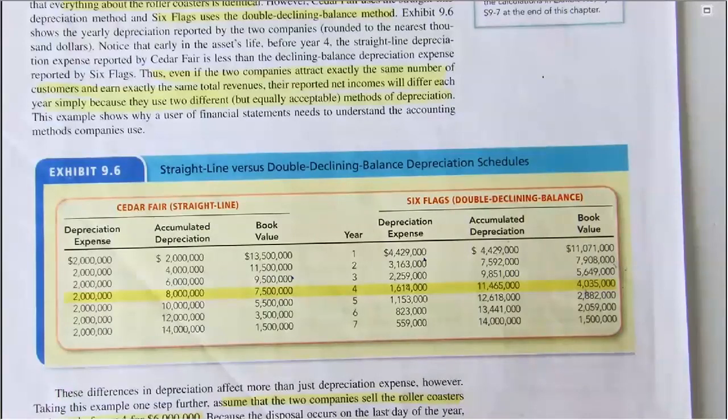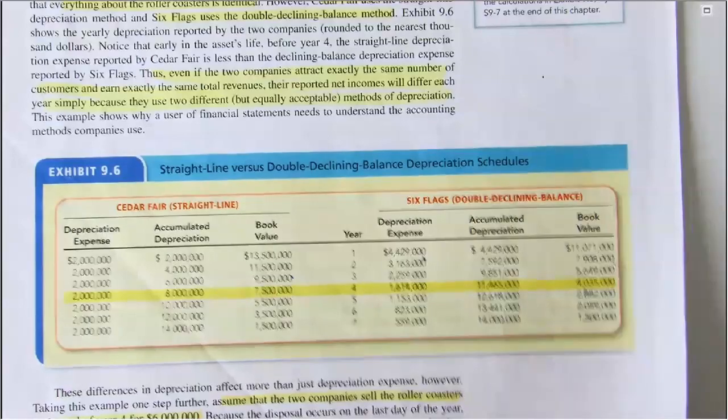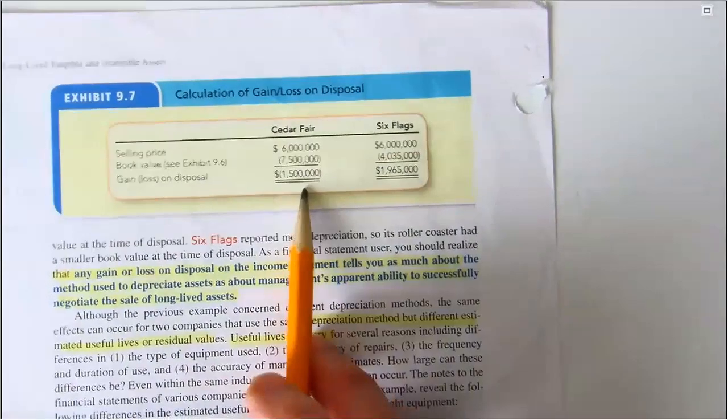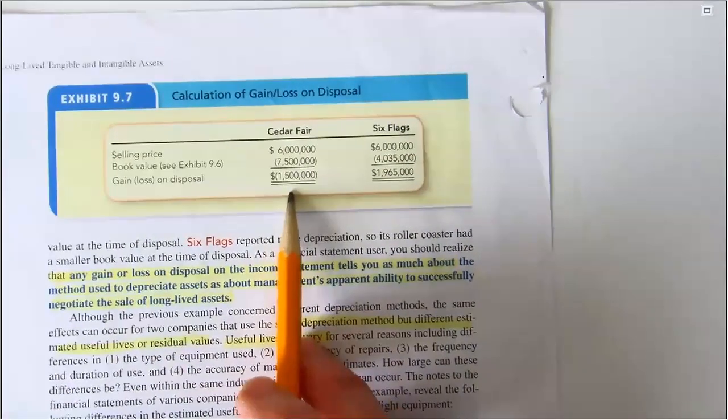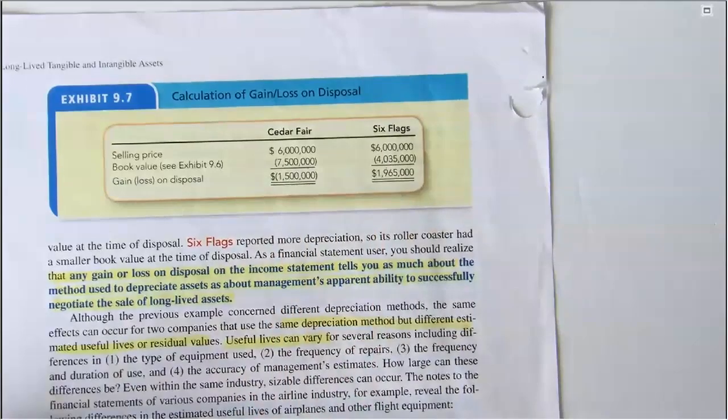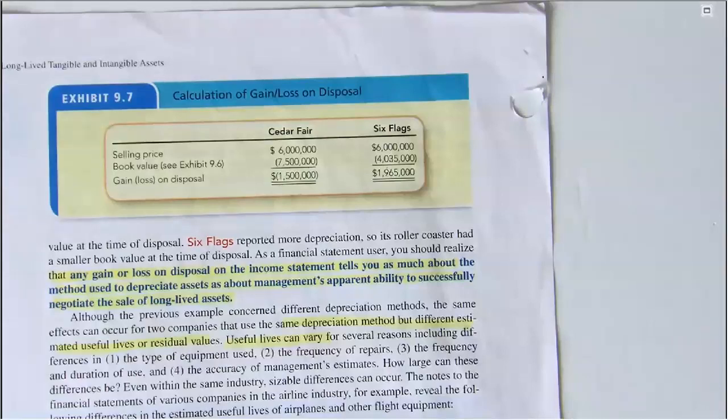Same number of customers, earning the same amount of revenue, and yet because one company uses straight line, they depreciate more slowly. So they have a higher book value than Six Flags, just because Six Flags uses an accelerated method and they depreciate more quickly on their books.